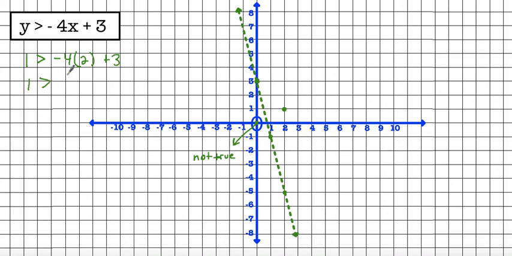So 1 is greater than negative 4 times 2, which is negative 8, plus 3. So 1 is greater than negative 8 plus 3, which is negative 5. So 1 is greater than negative 5, which is true. So we could shade this side of the line, so the right side. And so we're just going to shade.